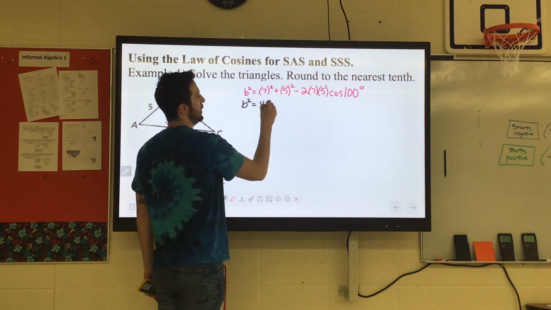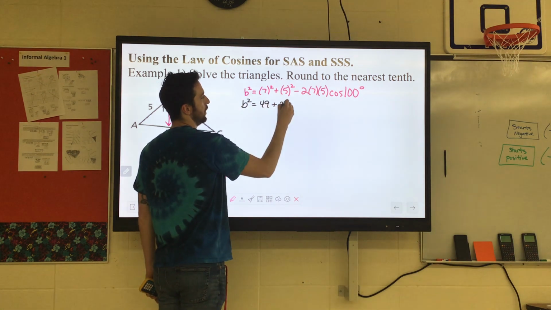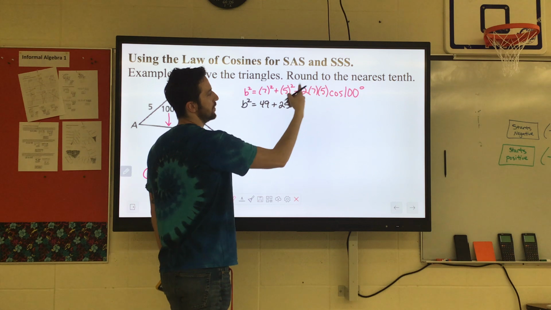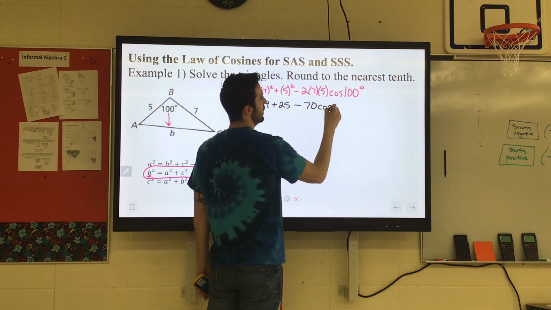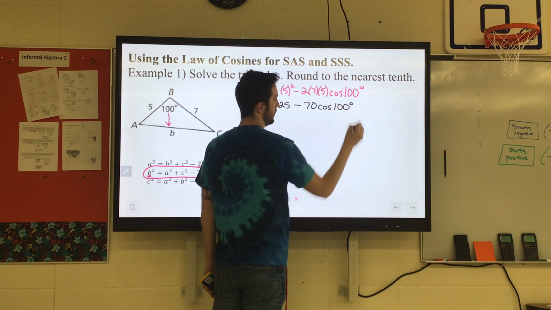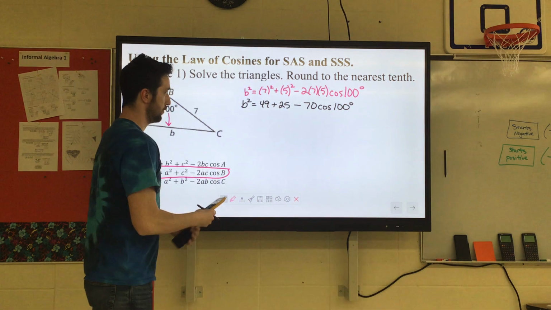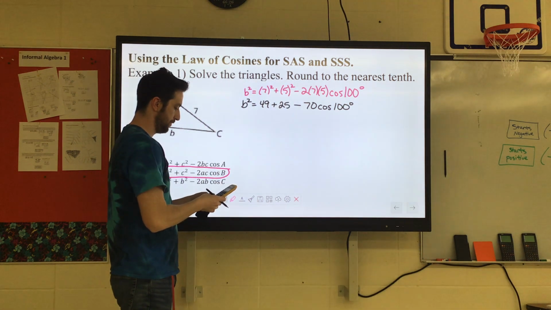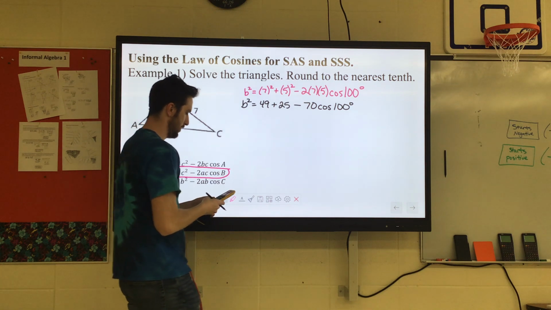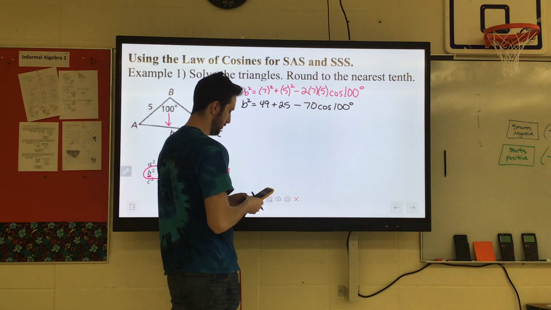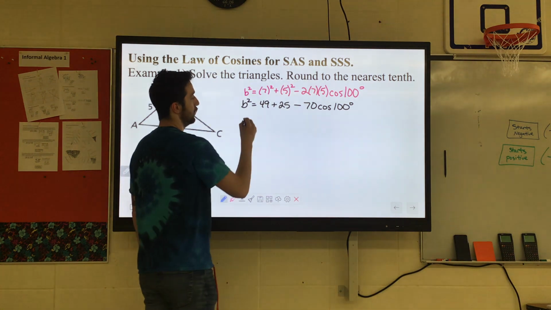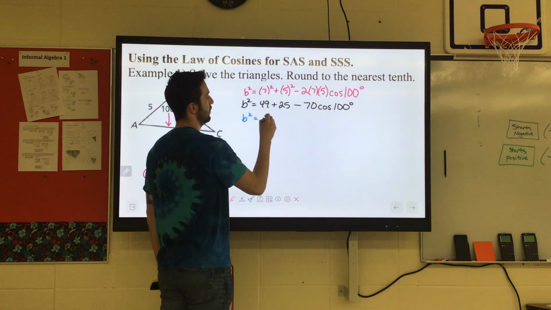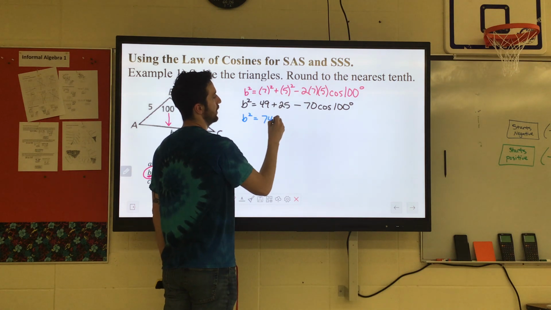7 squared is 49, 5 squared is 25. 2 times 7 times 5 is 70, so we have minus 70 cosine 100. So 49 plus 25 is 74, I think. I feel silly typing that into my calculator, but it's the end of the day and my brain is exhausted.